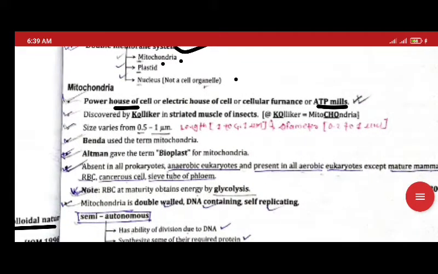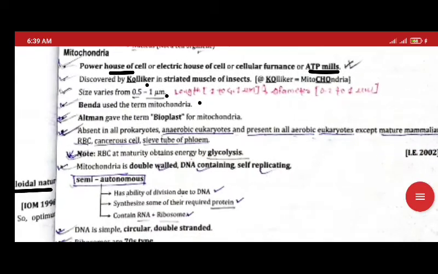It makes energy for plants or animals by the process of respiration. It was discovered by Kolliker in the striated muscles of insects. Its size ranges about 1 micrometer. Benda used the term mitochondria. Altmann gave the term bioplast, so bioplast is also for mitochondria.